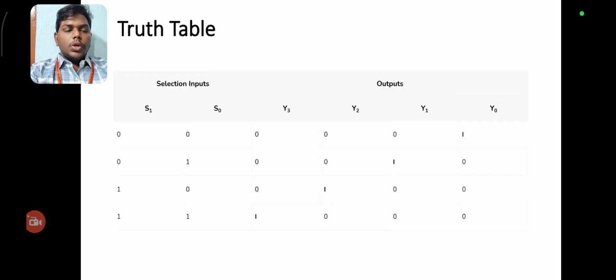Now the truth table. We have two select inputs, S1 and S0, and the outputs.